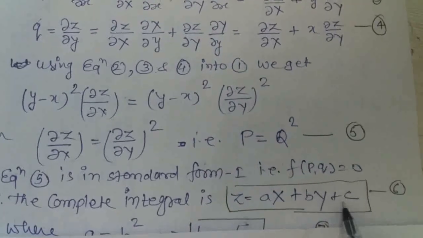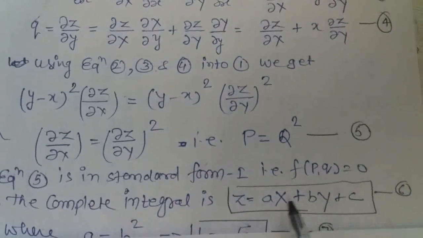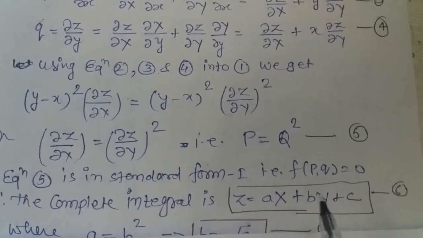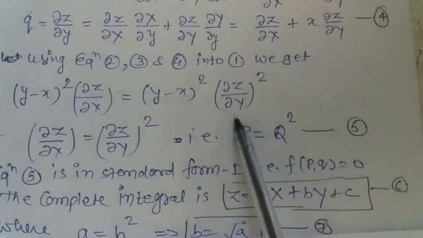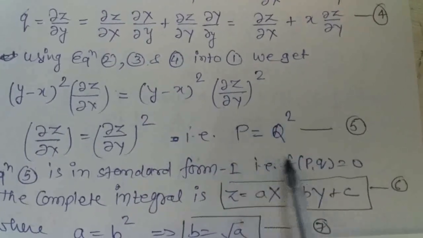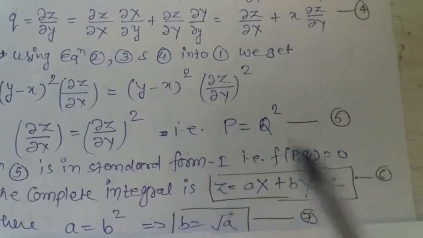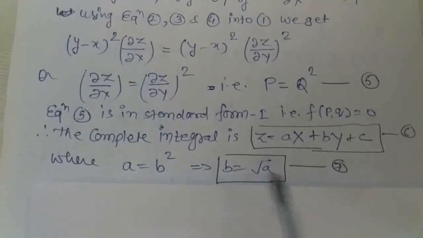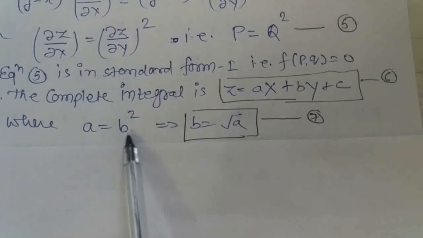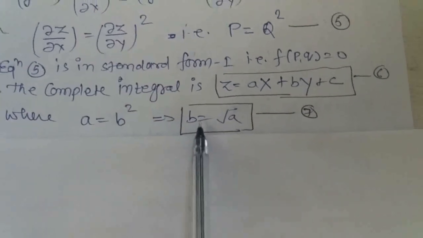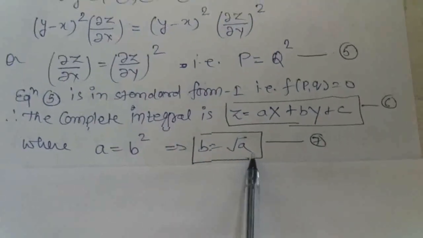A, b and c are constants, and further a and b are connected by a relation that can be obtained by putting P equal to A and Q equal to B in equation 5. So the relation is A equal to B square, and from this relation we obtain B in terms of A as B equal to root A.